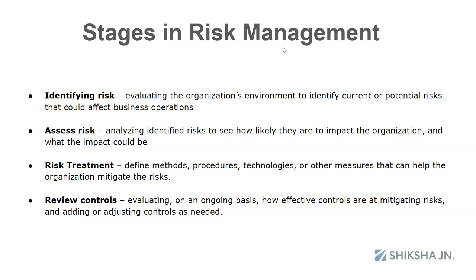Those vulnerabilities are identified based on the policies and procedures already implemented in the organization. In that organization there will be a policy which they need to follow, and a procedure which they need to follow. If something goes beyond that, which is not following the policy and structures, then that is identified as a risk in this stage. So that is called the identification stage.